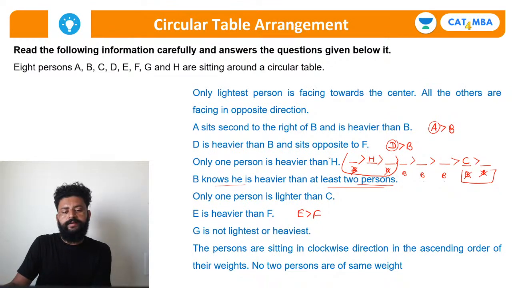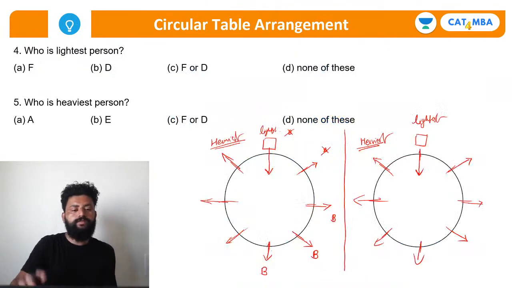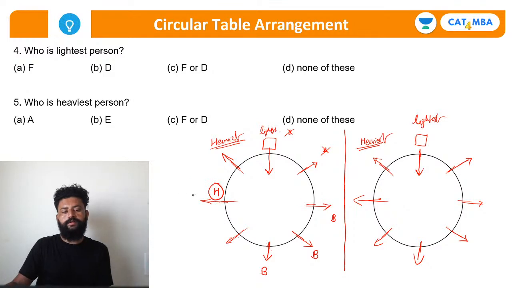D is heavier than B, and sits opposite to F. We don't know where F is. Okay, so only one person is heavier than H. Only one person is heavier than H means for sure H is here, right?